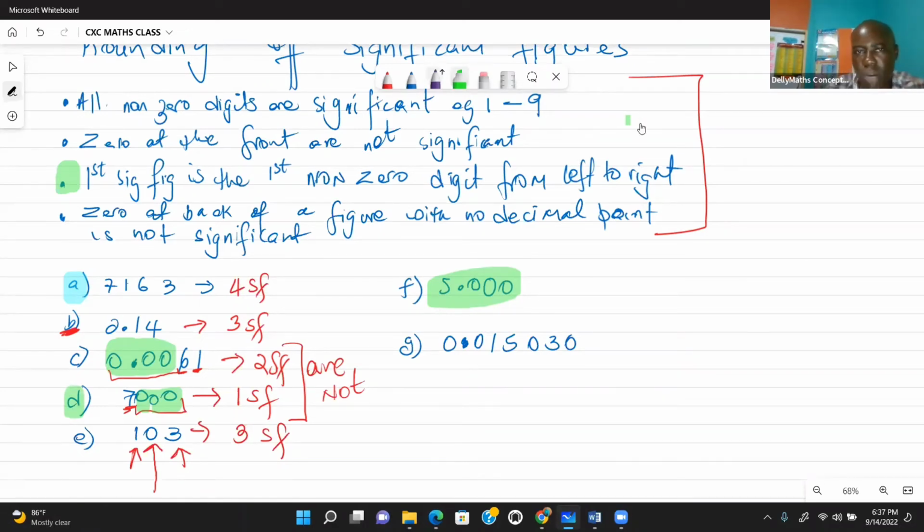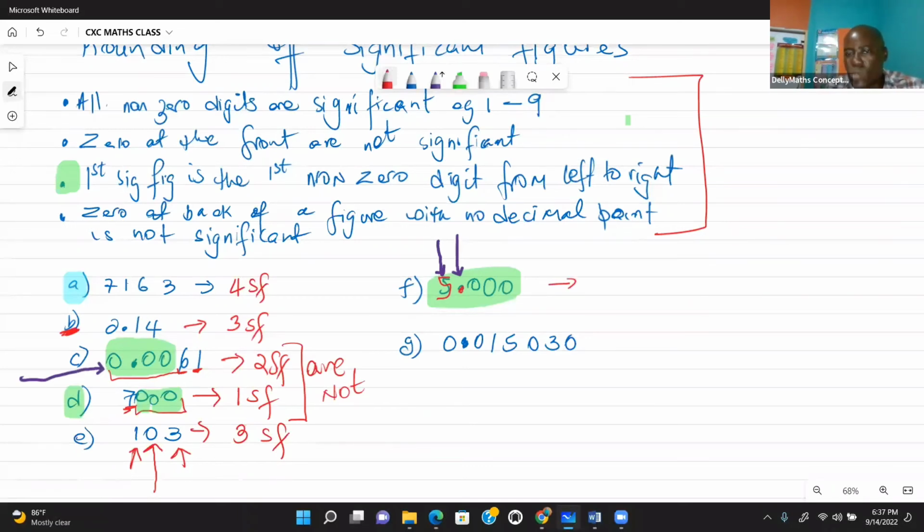When the decimal point comes, here is something very crucial, guys. A lot of people kind of mix this up. When the decimal point is in the figure, as long as you have started counting a significant figure already, look at this. The decimal point is in this, but we still never count any significant figure before it, because there was a 0 at the front of it. So it was not significant. But the moment you start counting significant figures, like we said, this is a significant figure now, and a decimal point comes, everything becomes significant.